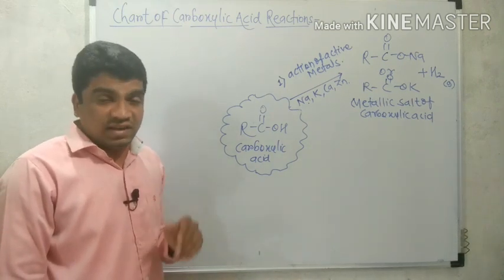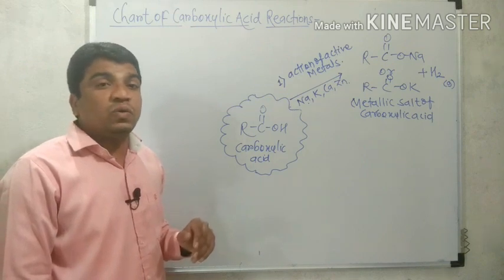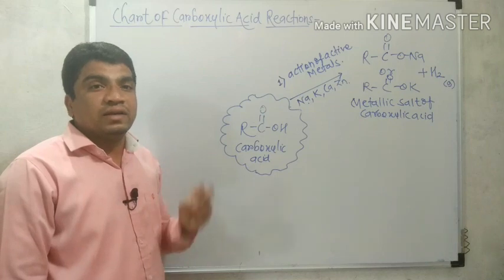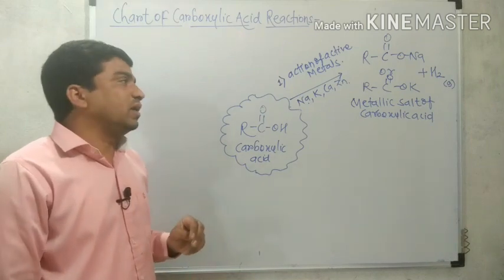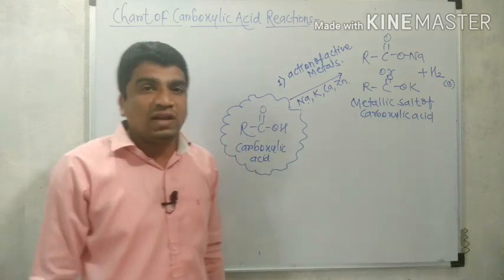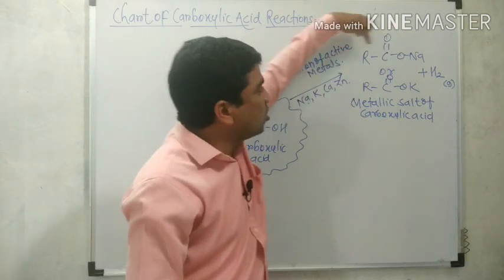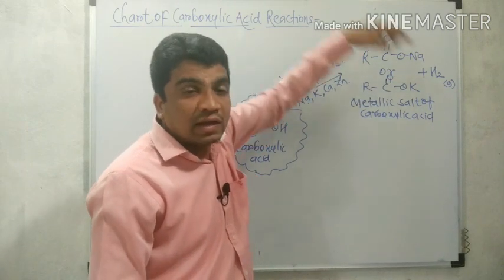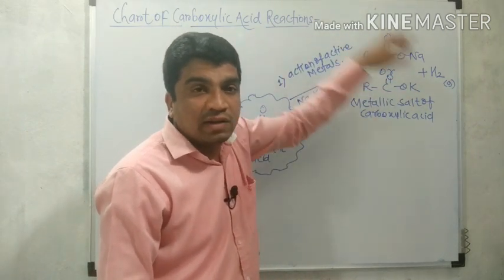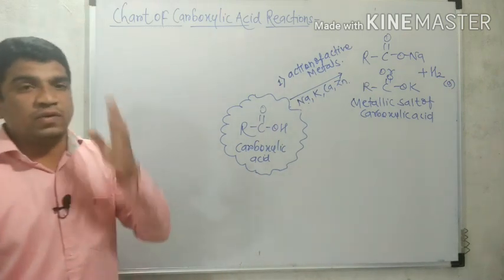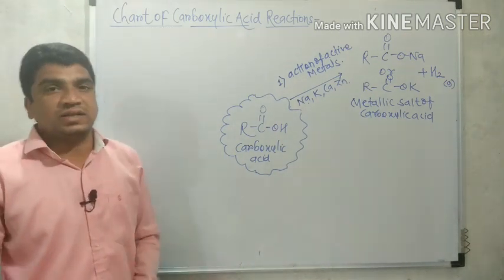Or if we take zinc, we obtain (RCOO)2Zn, the zinc salt of carboxylic acid. So in short, we obtain the metallic salt of carboxylic acid, like the sodium, potassium, calcium or zinc salt. For details, refer to the video of that reaction.